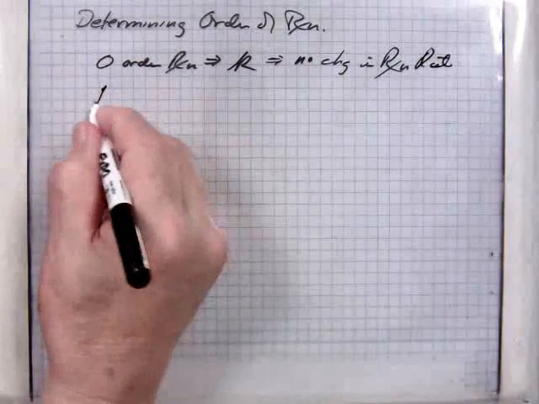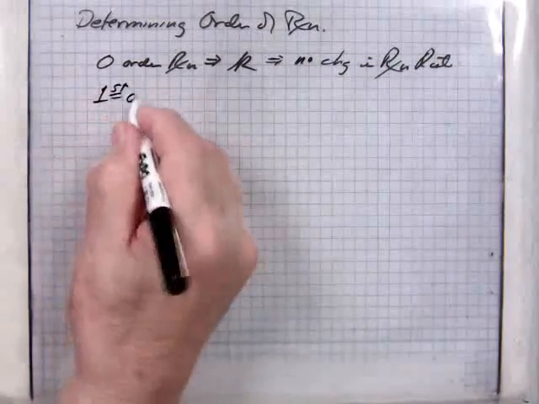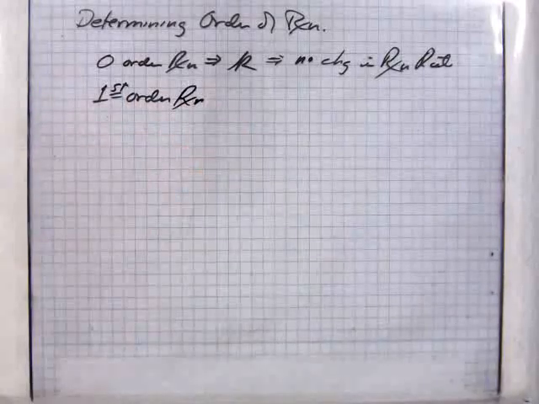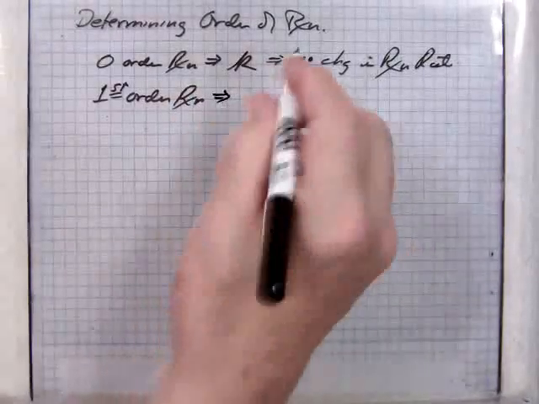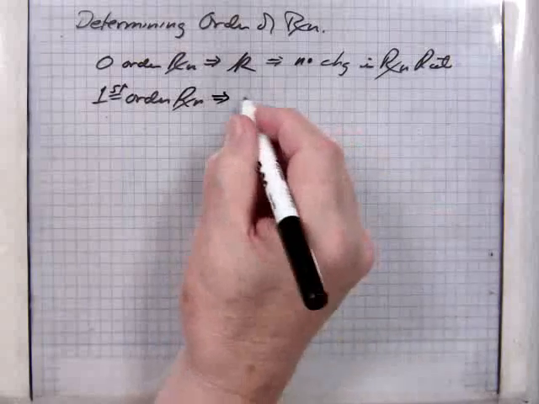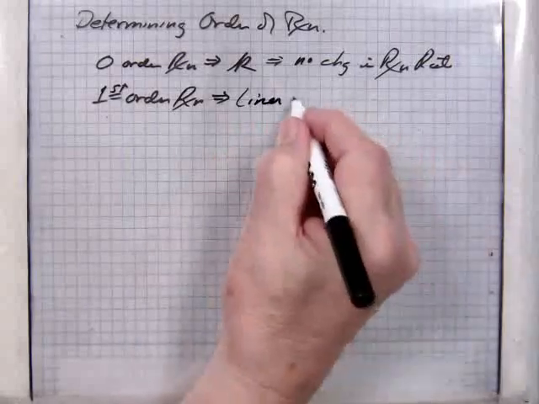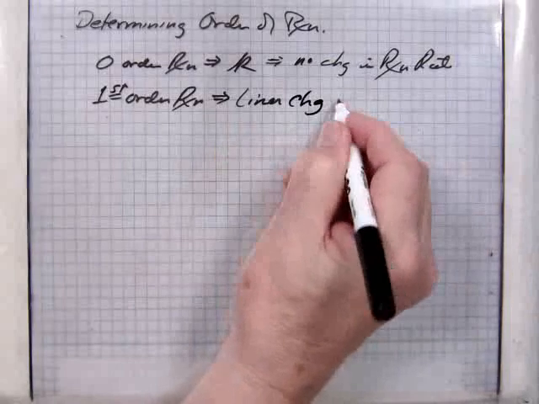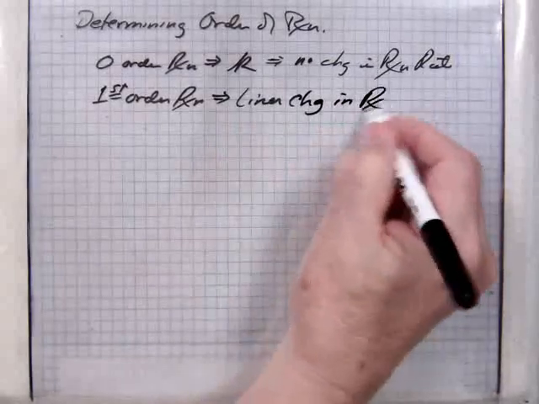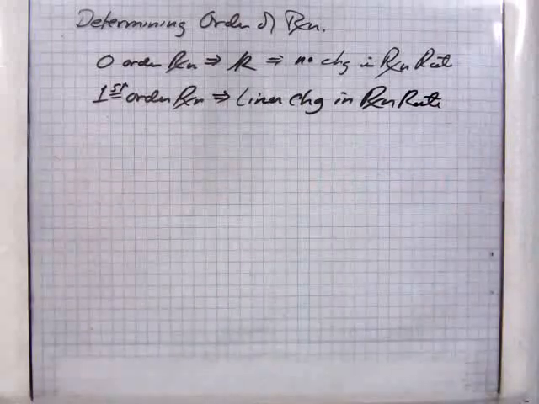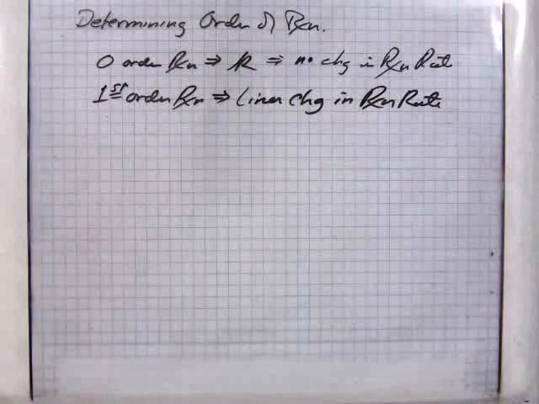A first order reaction gives a linear change in reaction rate. That is to say, you double concentration, you double rate, triple concentration, triple rate.